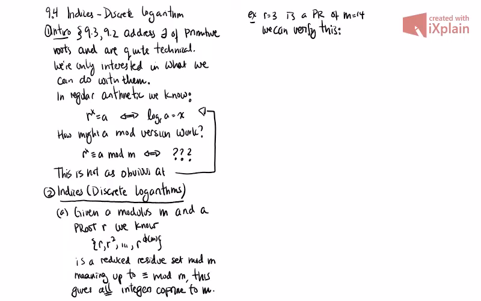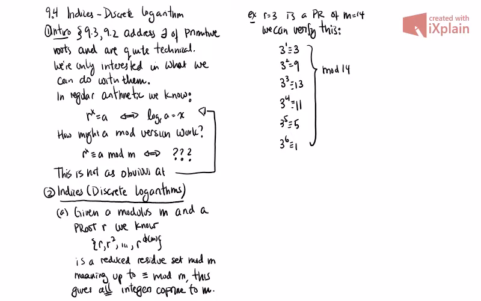If we take 3 to the 1, we get 3. 3 to the 2 is 9. 3 to the 3 is 13. 3 to the 4 is 11, 3 to the 5 is 5, and 3 to the 6 is 1. These are all mod 14.